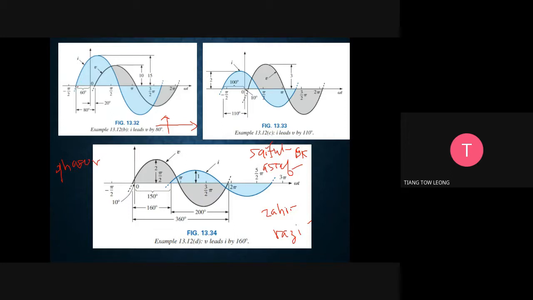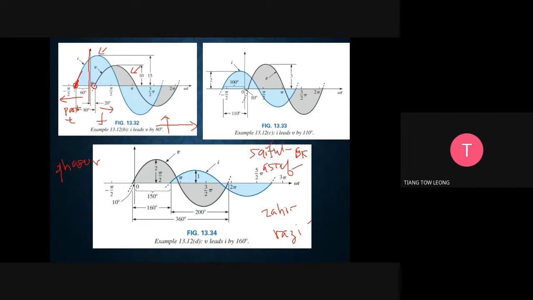So how to see it depends on where the touching point to the t-axis is. For example, this curve is I, this curve is V. According to this line as a benchmark, we see I is touching first. This is called the past, because of time. This is called the future.